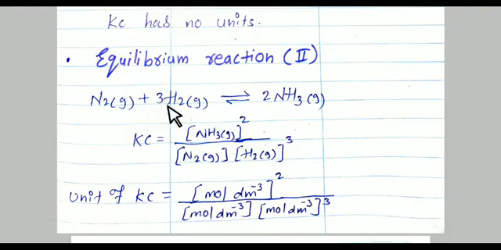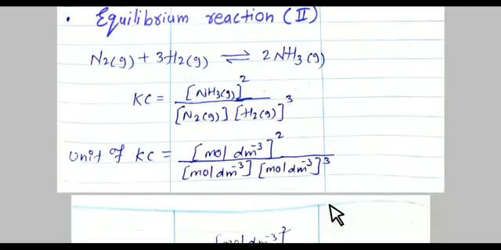Here the coefficient of hydrogen is 3, so it is cubed. Now again the unit of concentration is mole per decimeter cube, squared for ammonia. In place of nitrogen concentration, mole per decimeter cube, and in place of hydrogen concentration, mole per decimeter cube cubed, since the coefficient is 3.